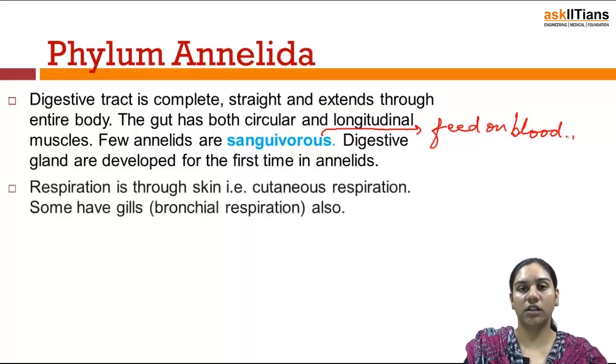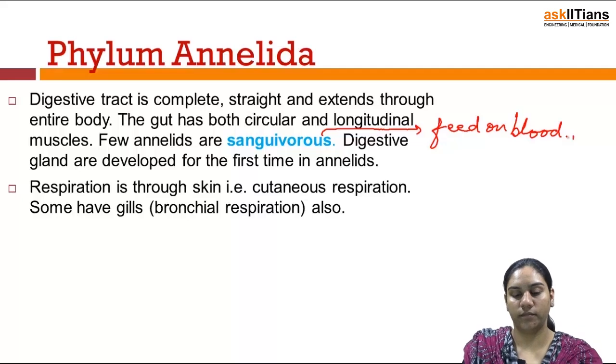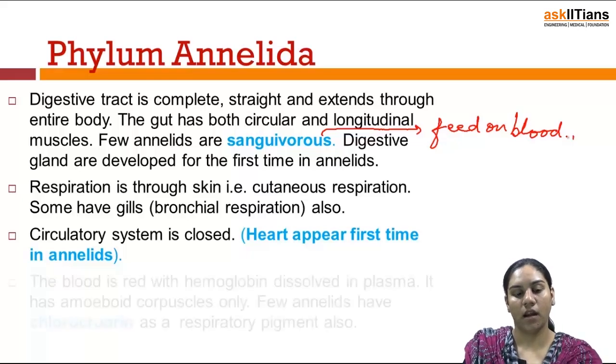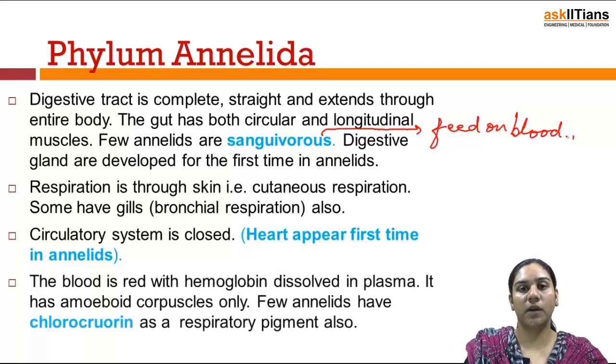The respiration is generally through the skin, which is known as cutaneous respiration. Some annelids also have gills and they perform branchial respiration. The circulatory system is the closed type, and annelids are the first animals in which the heart appears. The blood is red due to the presence of hemoglobin in the plasma, and in the plasma only amoeboid corpuscles are present.